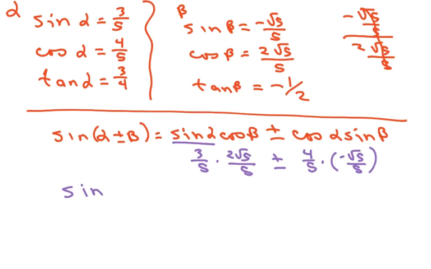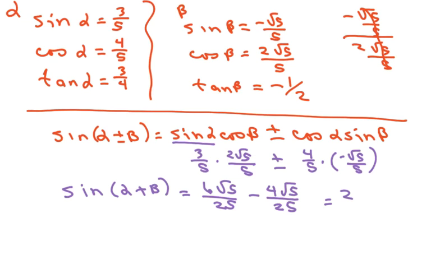So my sine of alpha plus beta equals the plus part. So that's going to be 6 square root of 5 over 25. With that negative, that's going to get minus 4 square root of 5 over 25. And that's going to be 2 square root of 5 over 25. Alright?